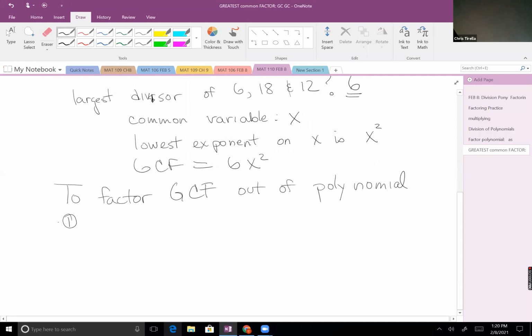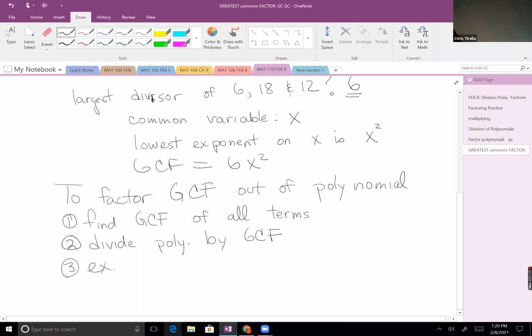The first thing that we're going to do is find the greatest common factor of all the terms. Then we're going to divide the polynomial by their greatest common factor.